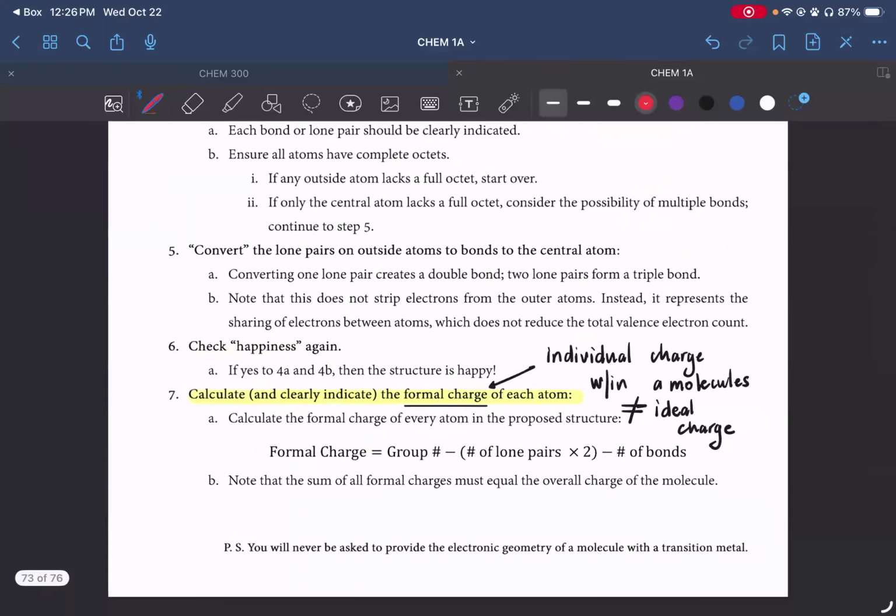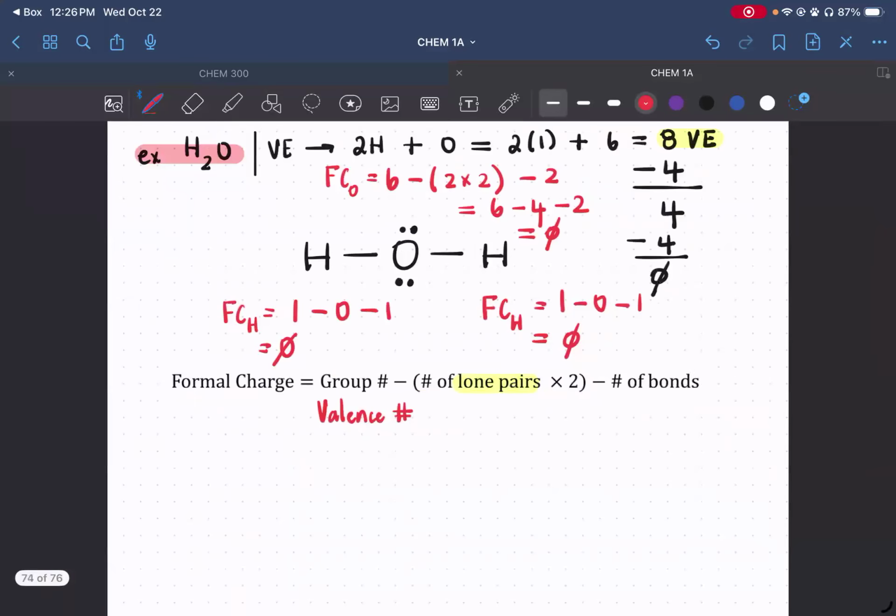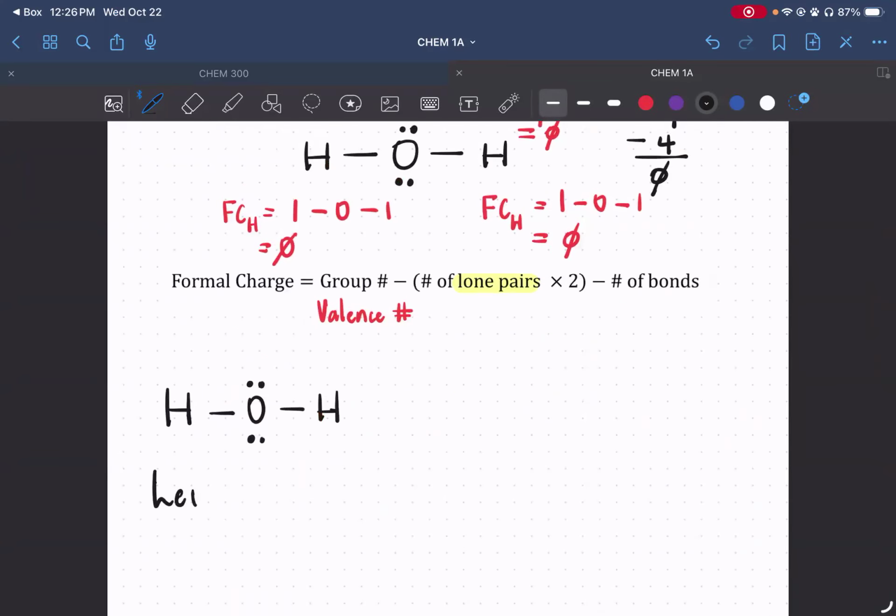Once you do that, you are done. This right here, that HOH, is the Lewis structure of water. The Lewis structure shows very clearly all of the valence electrons, where they're located, and their nature.